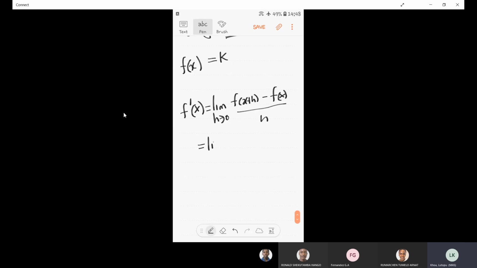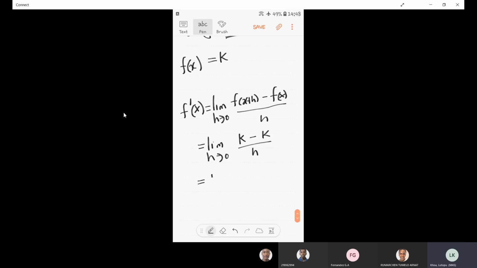And this is just the limit as h goes to 0. Now f of x plus h, we said, is also equal to k because your function is constant. Whatever you put into the function, you always get k out. And then minus f of x, which is equal to k, and this is over h.